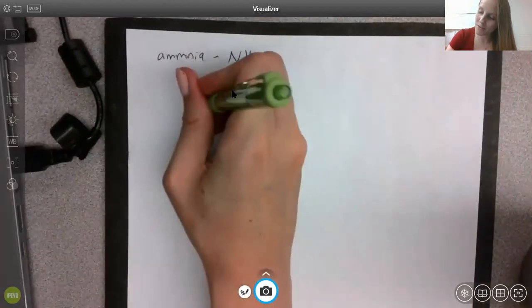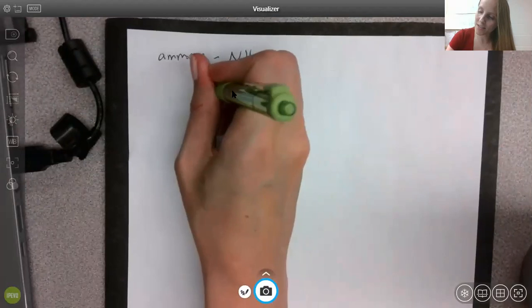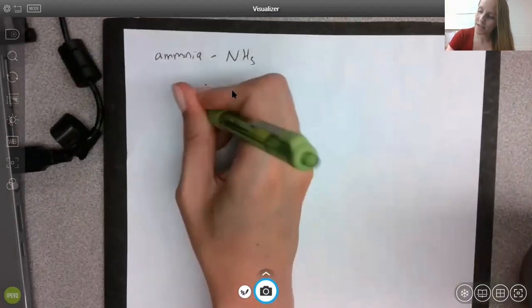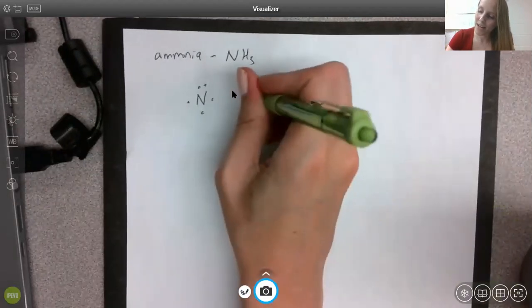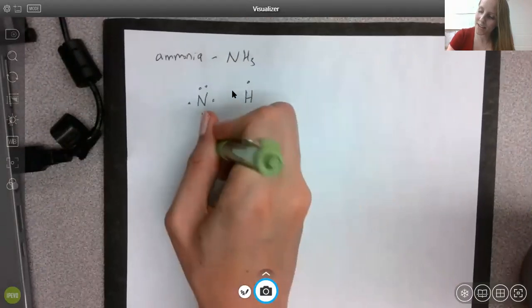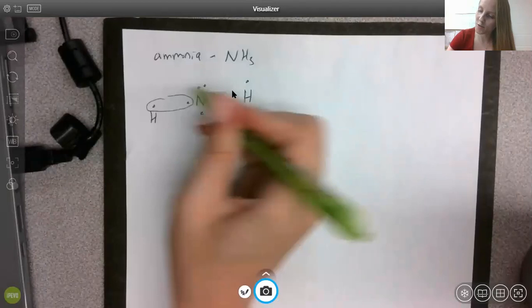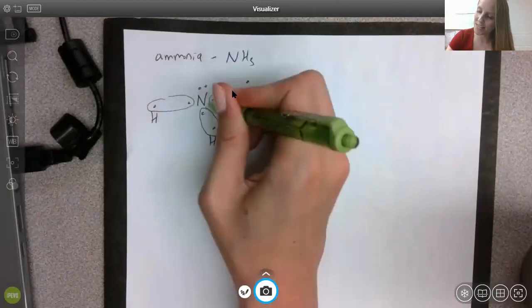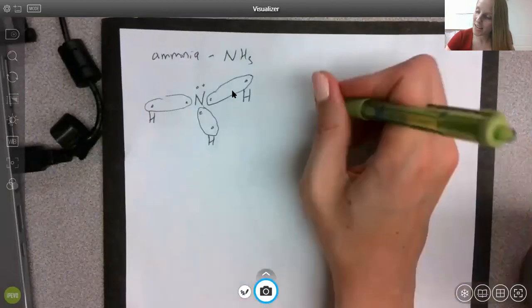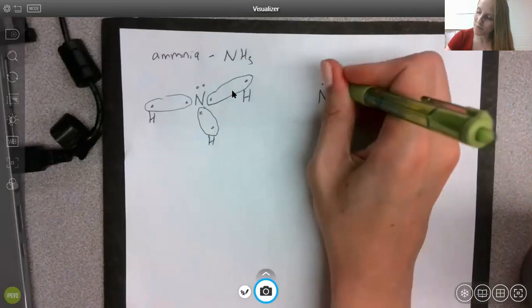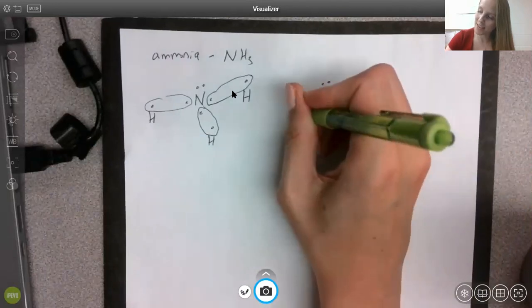Then you would need to be able to draw NH3. So I would have my N, my 3 hydrogens, and sausage to make sure all the lone electrons end up in a bond, and I would end up with a molecule that looks like this.